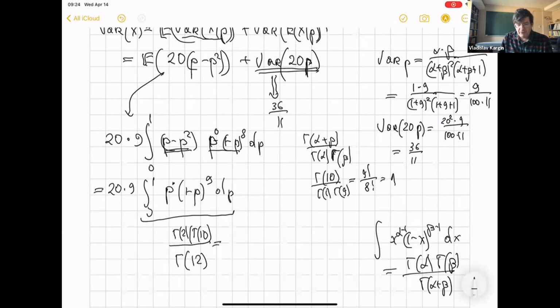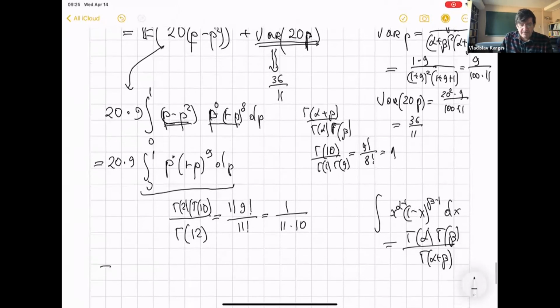So gamma of 2 is equal to 1 factorial, gamma of 10 is equal to 9 factorial, divided by 11 factorial. So it's equal to 1 divided by 11 multiplied by 10. All other things are cancelled out.